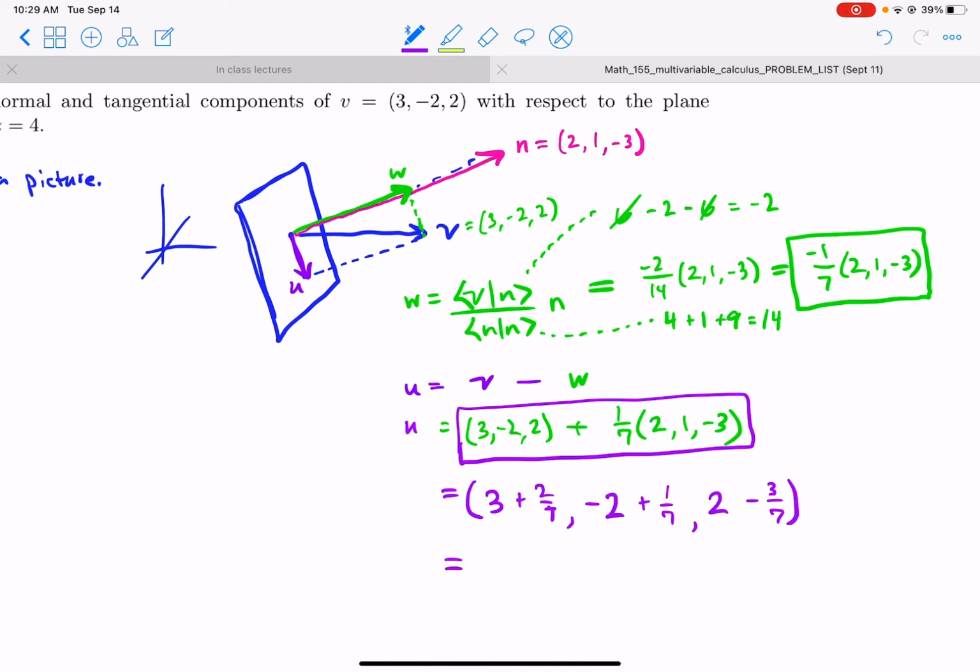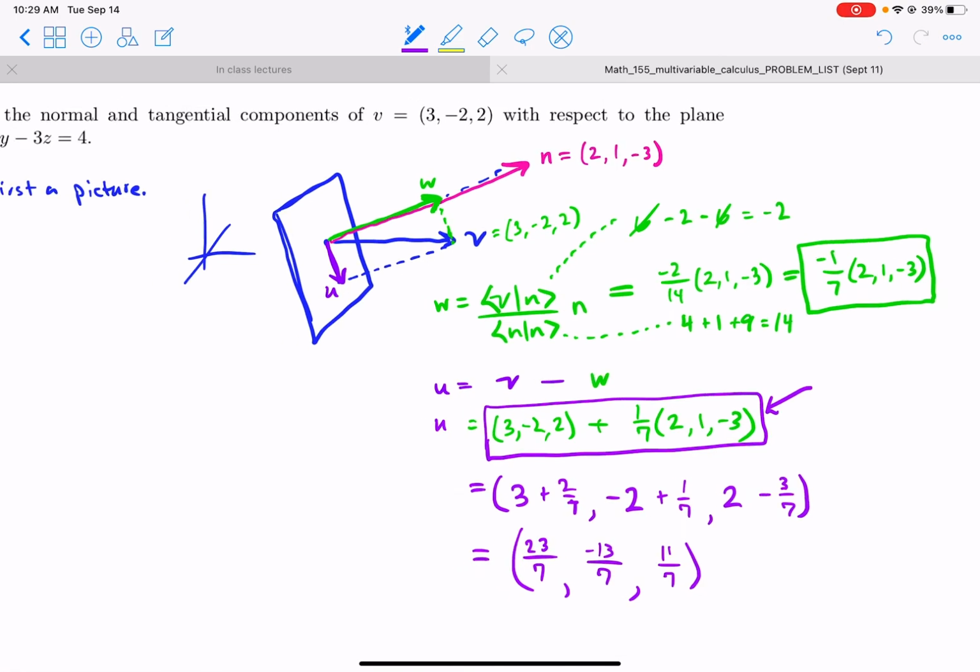We could maybe even go further and say this is 21/7 + 2/7, this is -14/7 + 1/7, and 14/7 - 3/7 is 11/7. So yeah, this is maybe simplified, but this formula is enough.